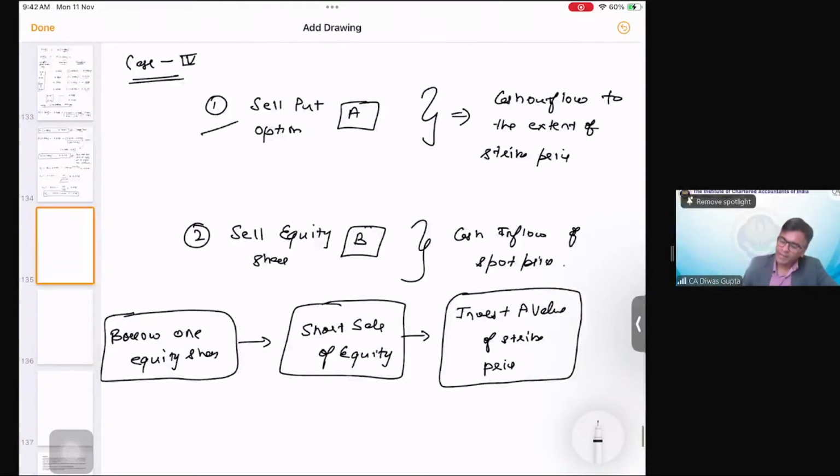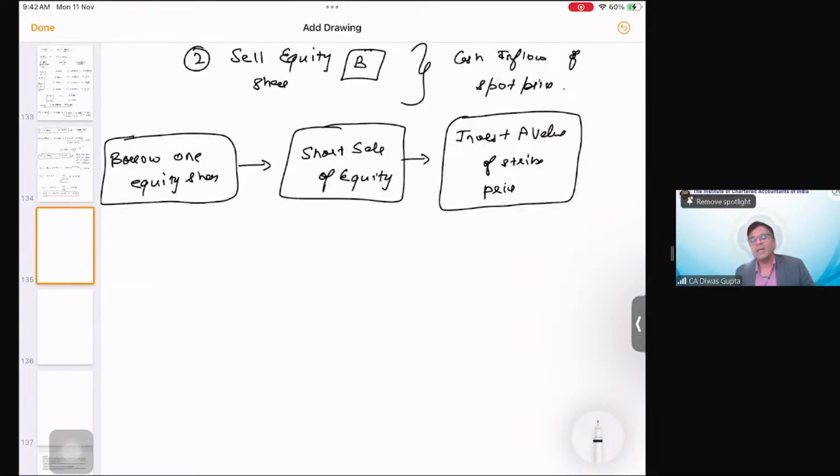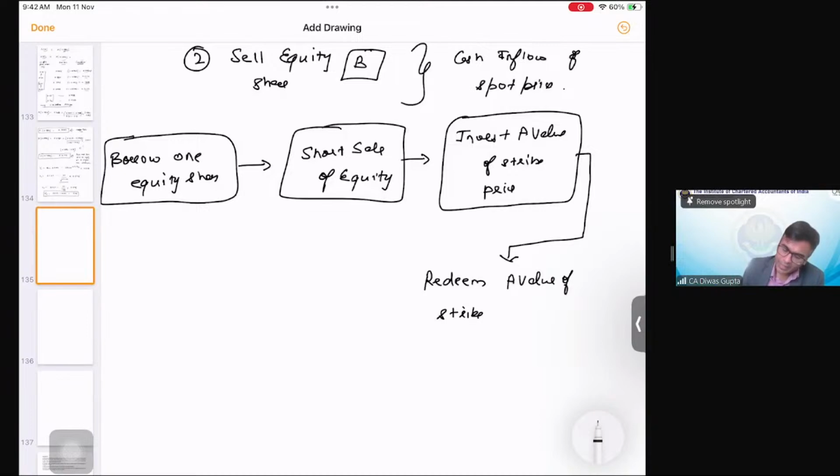Because we are selling a put option, so we might have to pay the strike price equivalent value. So we will invest the present value of strike price, and then on expiry, redeem the present value of strike price on maturity.